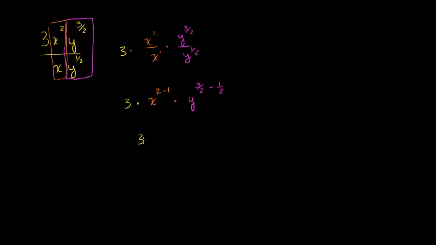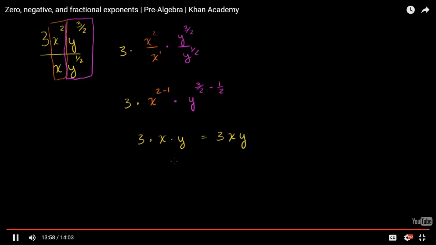It becomes 3 times x, 2 minus 1 is just 1, I can just write x there, times 3/2 minus 1/2 is 2/2, so that's y to the 2/2, which is just the same thing as y. So this is equal to 3xy. Anyway, I encourage you to do many, many more examples of that, but you'll see that just using the rules that we've been exposed to in the last few videos, you can pretty much simplify any exponent expression.